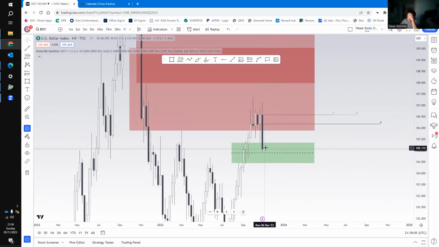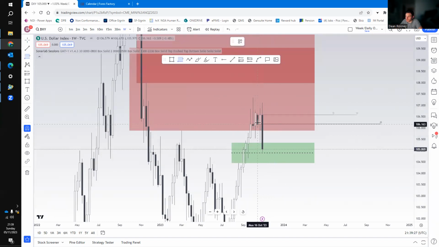So I would like to watch this week and see how we play, because this was quite a significant move. And as I look at this here, a level that I would be looking at would be 50%, which is consequent encroachment of this wick, the tail.